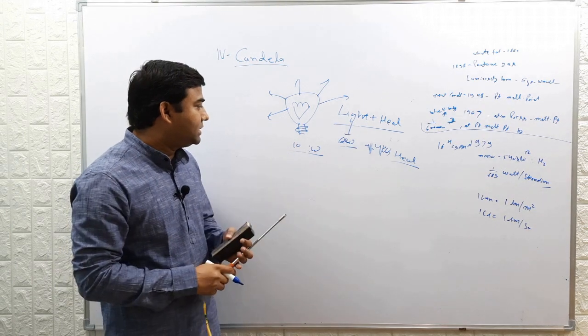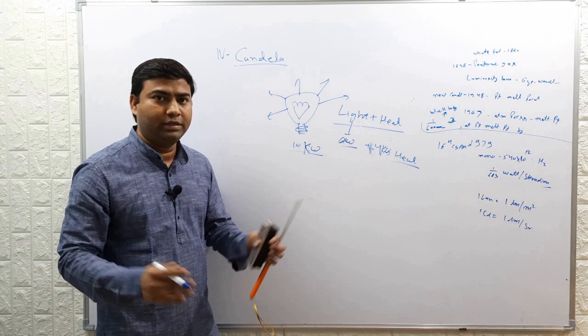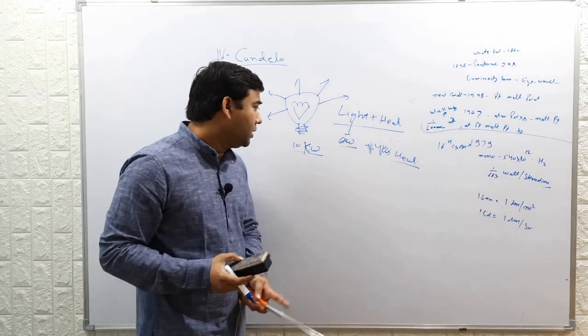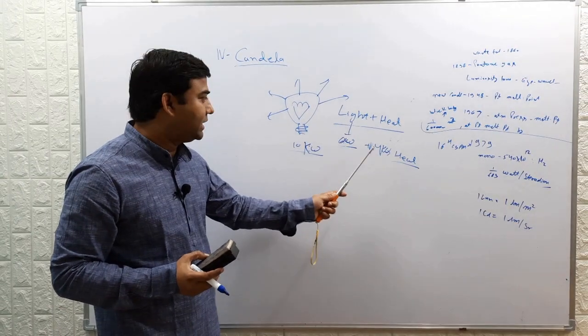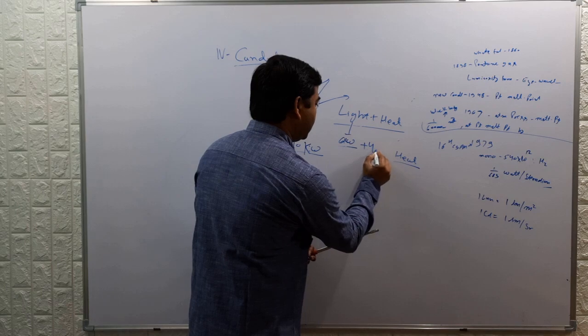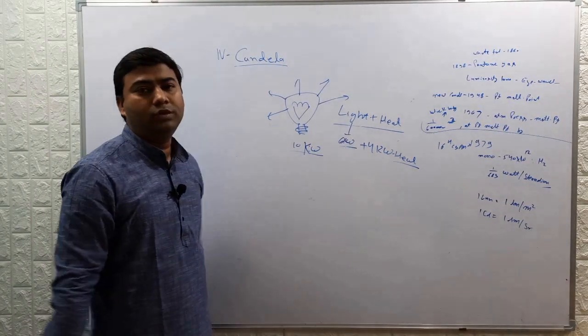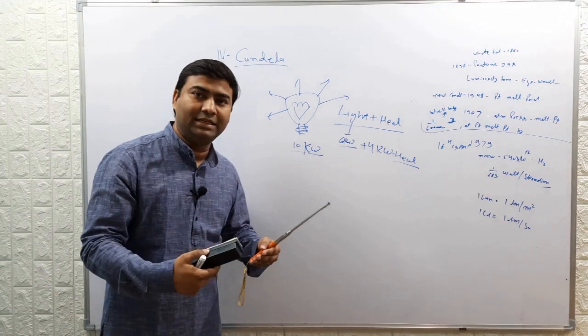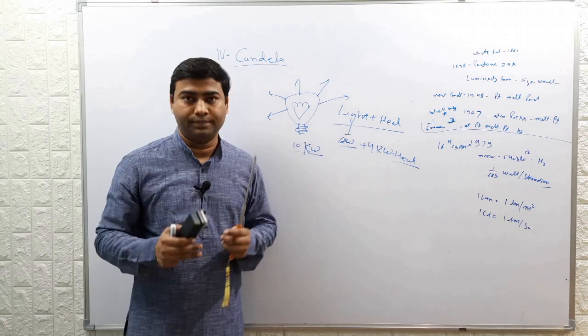So these are the wattages. For example, if you have taken kilowatt, it doesn't matter. So out of 10 kilowatt, 6 kilowatt is converted into light and 4 kilowatt is converted into heat. So luminous intensity considers only the light part of the radiation.